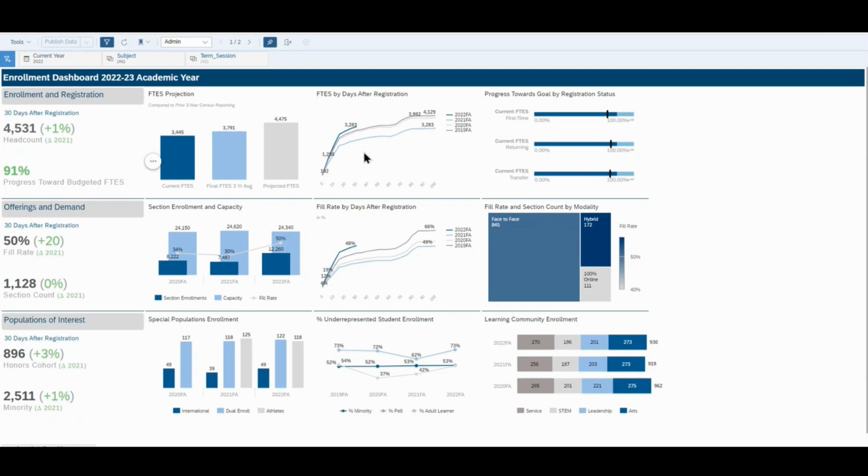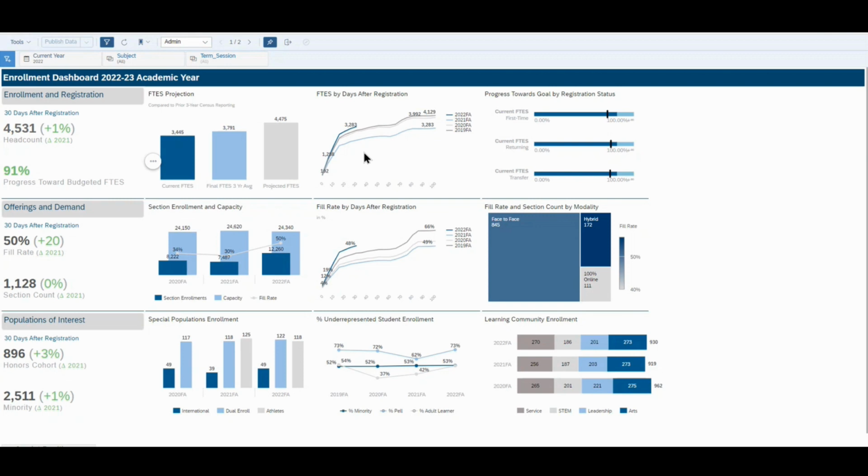Our daily registration snapshots can show trends in registration over time. The visualization of full-time equivalent students by days after registration shows current year enrollment patterns compared to the prior 3 years. We can see that the full-time equivalent student enrollment is following the same pattern as prior years, but that the totals are up for 2022 fall.